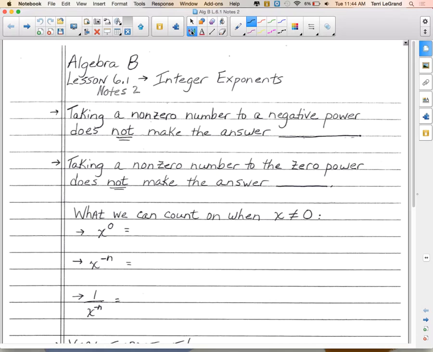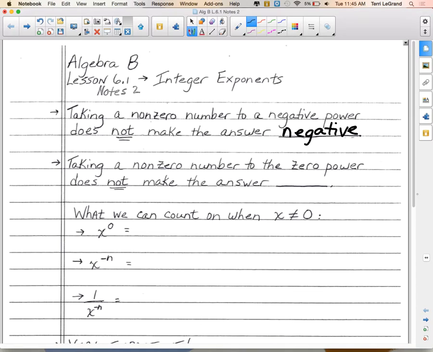Taking a non-zero number, in other words, 0 cannot be the base, to a negative power does not make the answer negative. It will always stay positive. Don't think that because there's a negative sign up in that power, and powers mean multiplication, then you're going to be multiplying some negatives, which means my answer has to turn out negative.